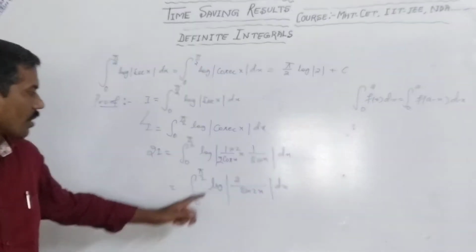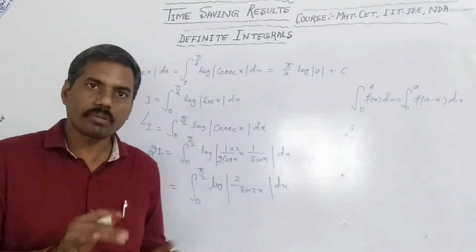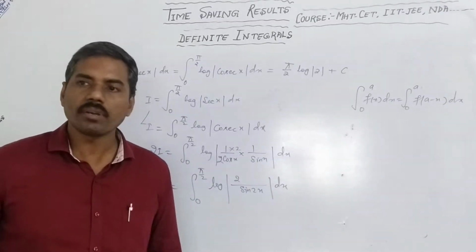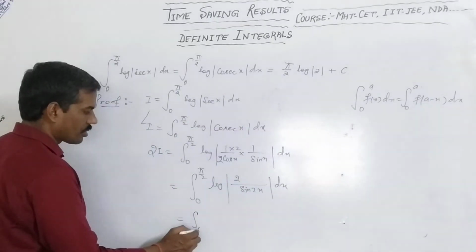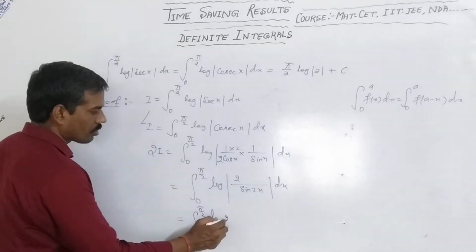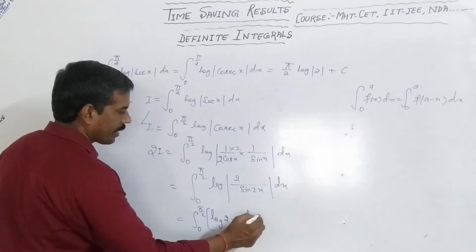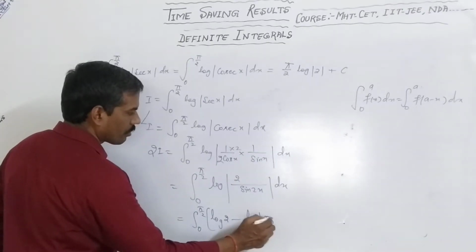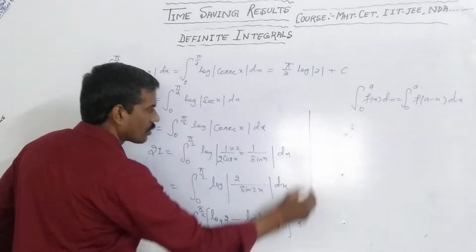And we know that log of m divided by n is equal to log of m minus log of n, so our result is integral from 0 to pi by 2 of log of 2 minus log of sin of 2x dx.